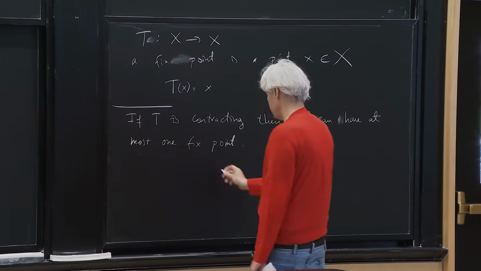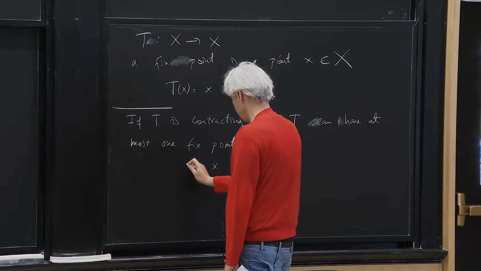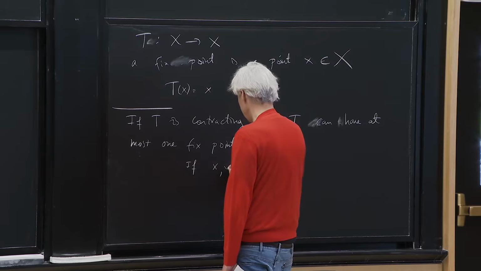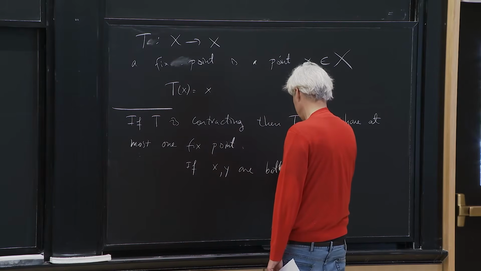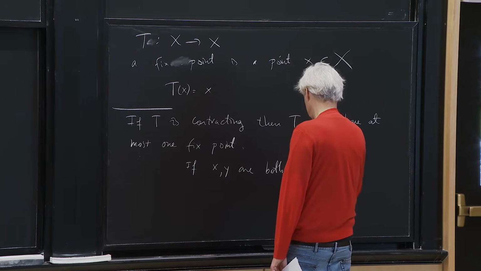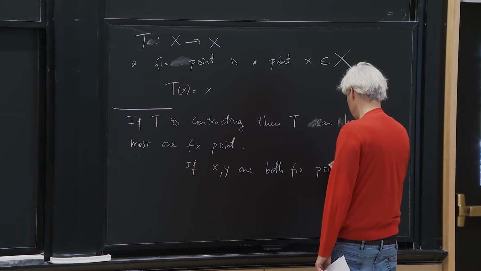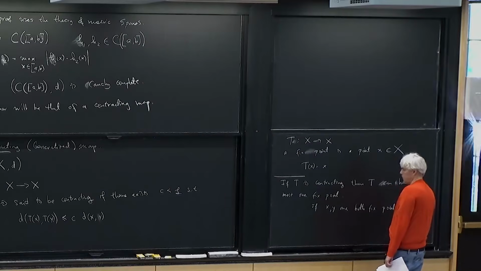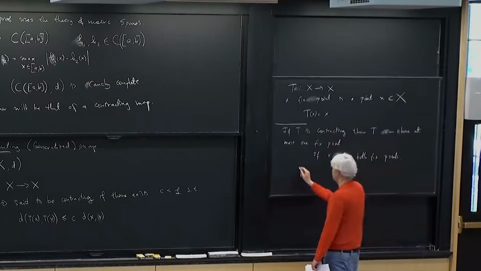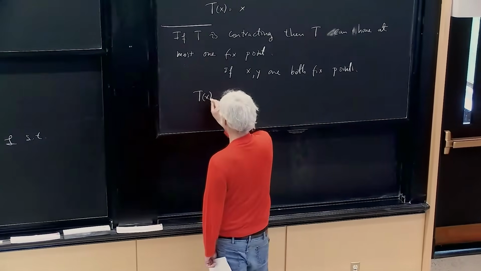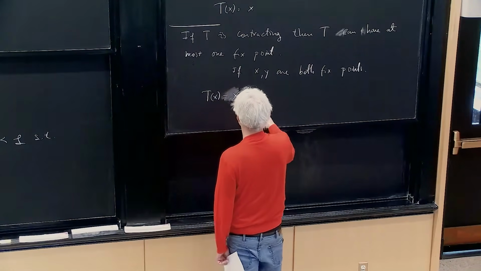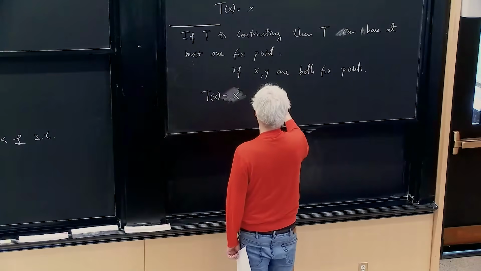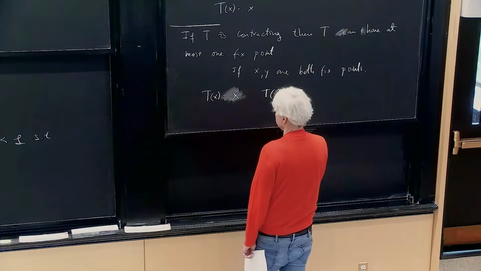Why? Because suppose that x and y are both fixed points. Well, then you have that T of x is equal to x, and T of y is equal to y, right?